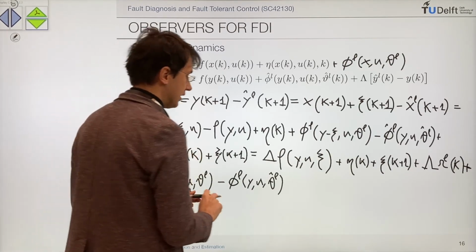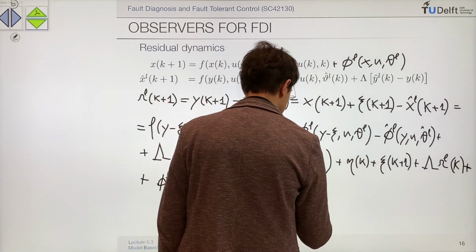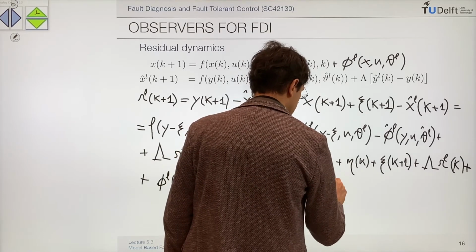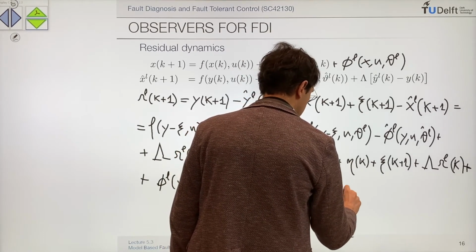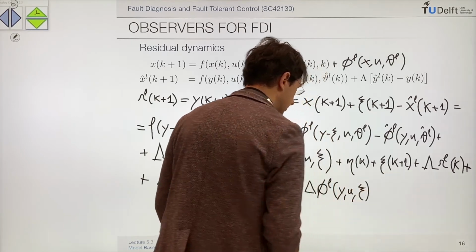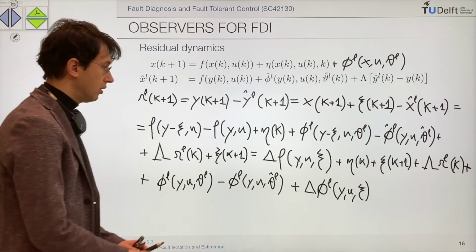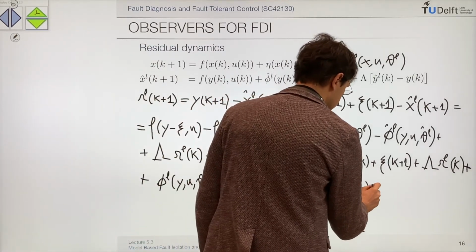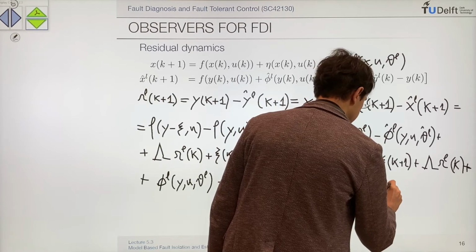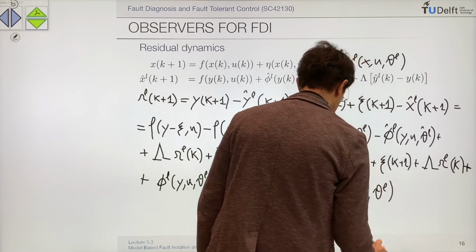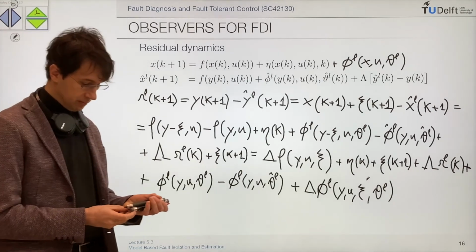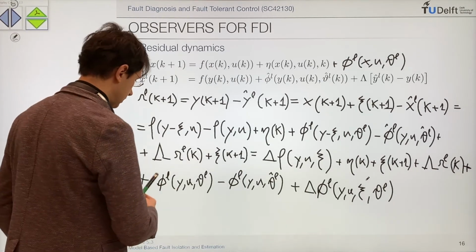And let us write that with a delta. Plus delta phi L of y, u, and psi. And also of theta, the true theta. Okay, I wrote that because I was interested in this.